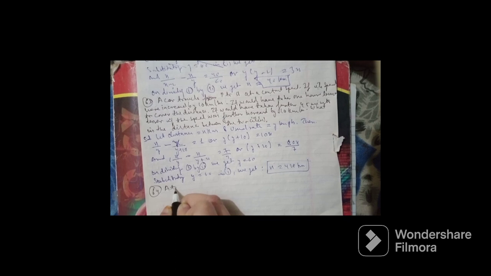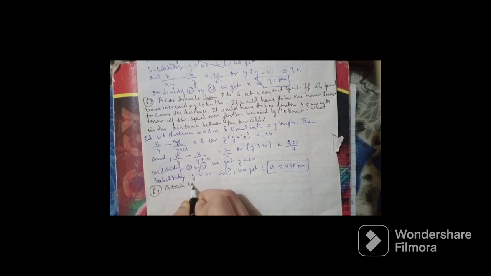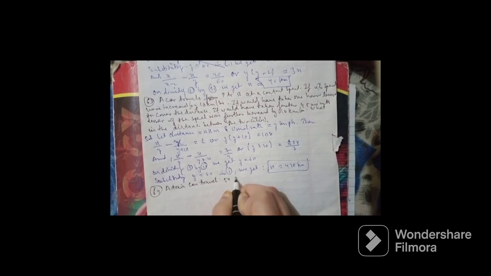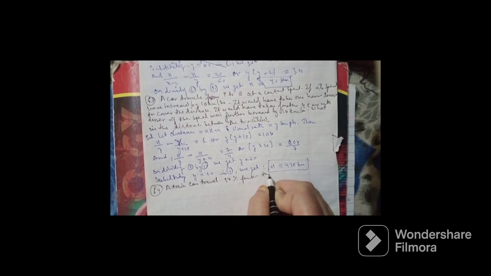So a train can travel 50% faster than a car.